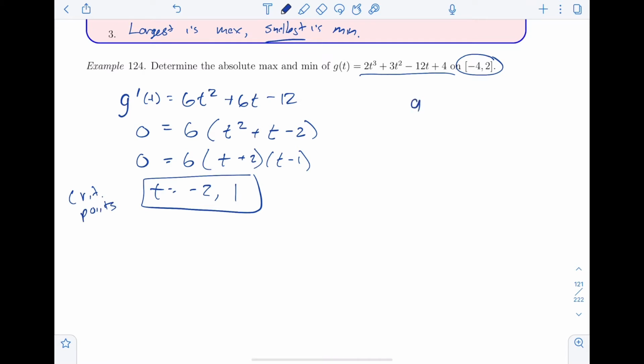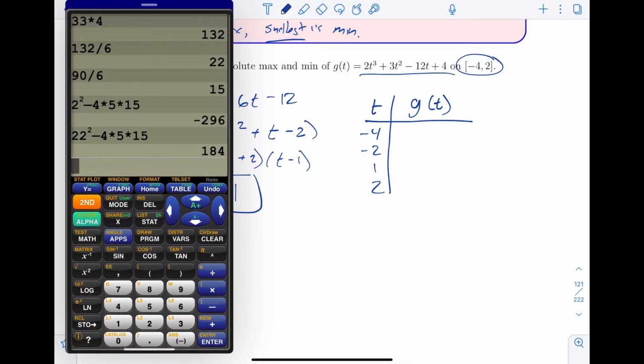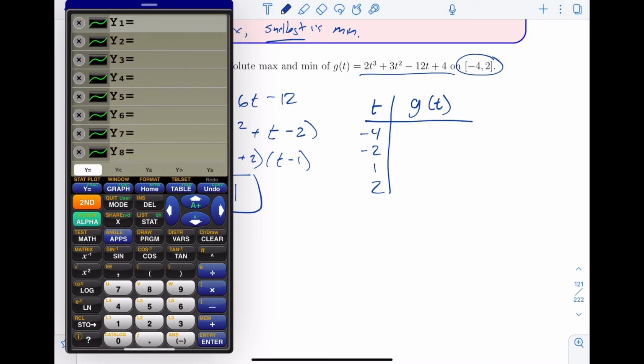And then what we'll do is we'll evaluate g of t at our critical points and our endpoints. So endpoint -4, critical point -2, critical point 1, endpoint 2. And I'll just plug all of those in. Now, if you want to kind of cheat, you certainly can. I want to plug these into the original function, not the derivative, into the original, right?